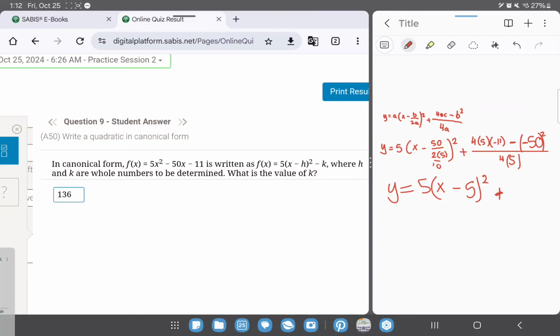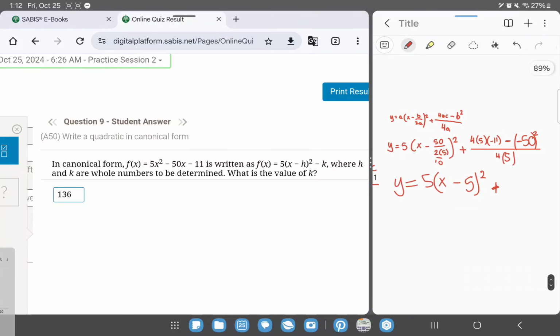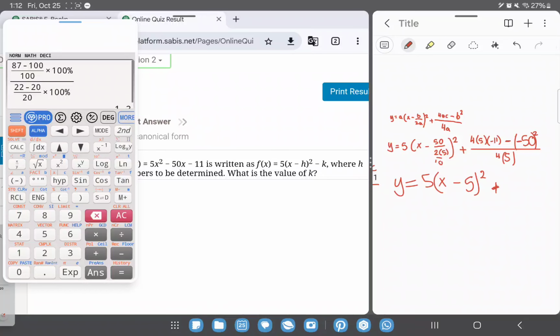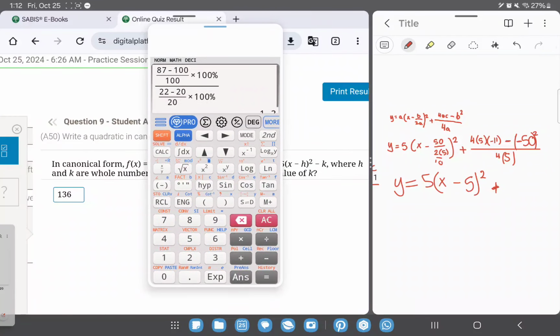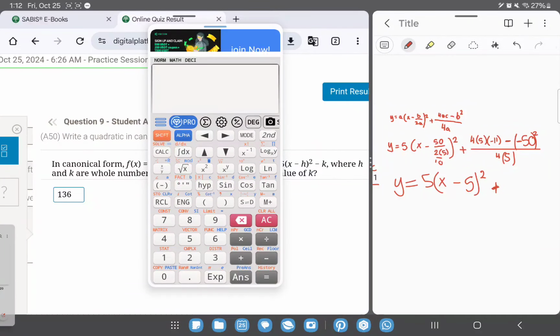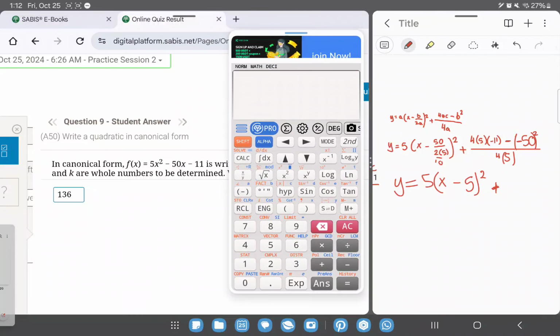Plus, now we need to find k. How we do that is you bring this, and I'm gonna pull out the calculator. This isn't the calculator. Okay. So we do this, we put it all in our calculators.